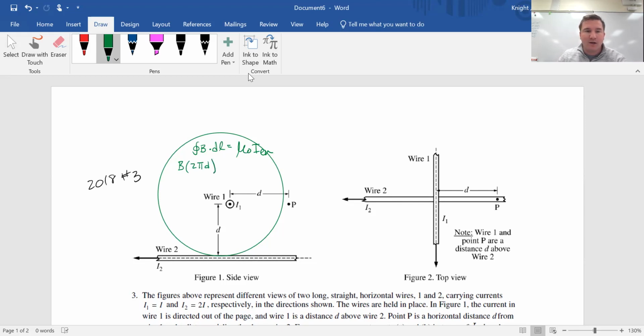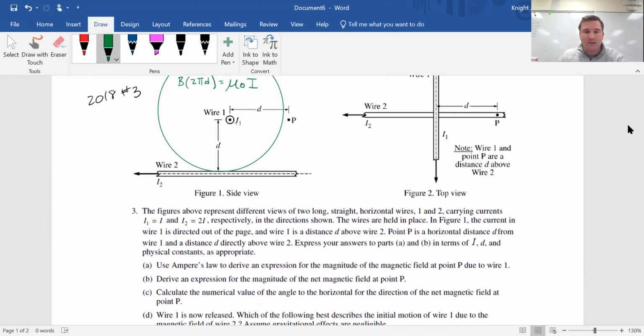So 2 pi r radius times B equals mu naught times I enclosed. We have only enclosed I1, which is I. And there we have pretty much our equation. We just have to solve for B. So B is equal to mu naught I over 2 pi d. And so that goes right here for part A.